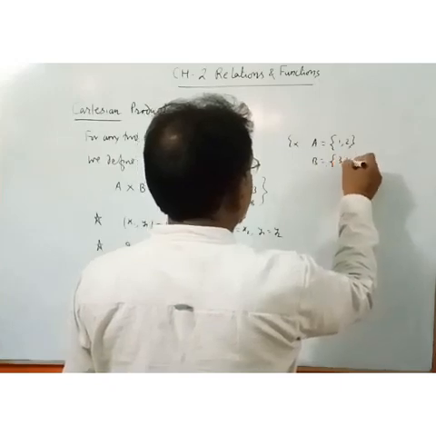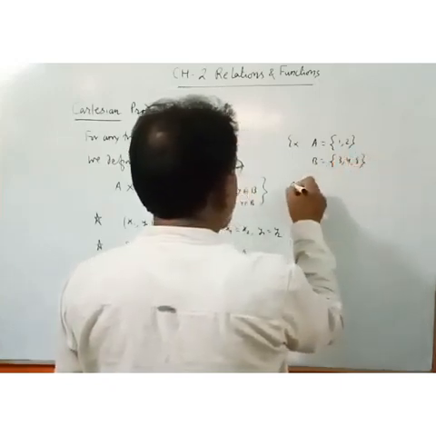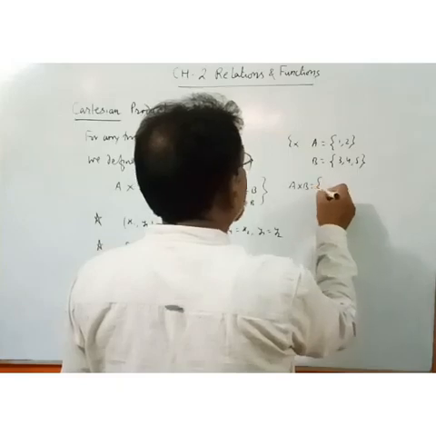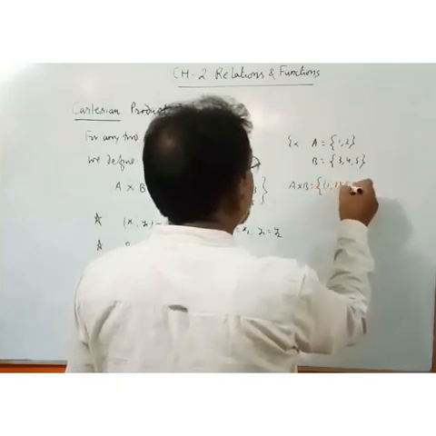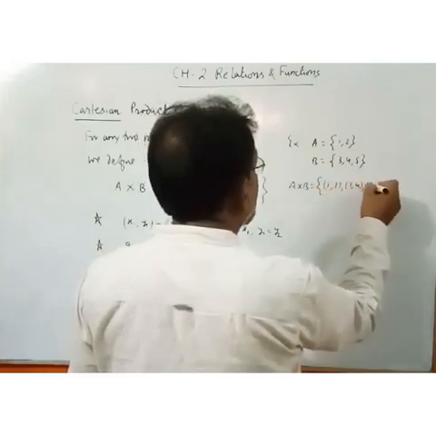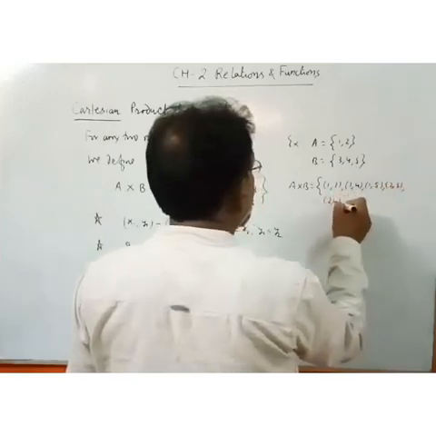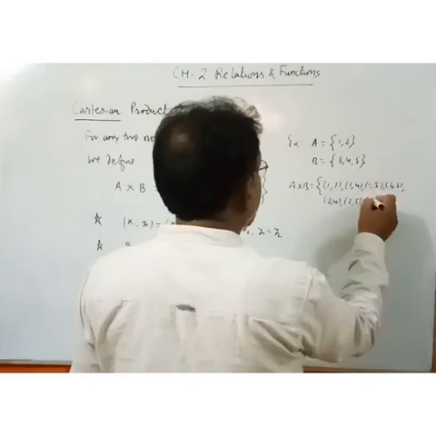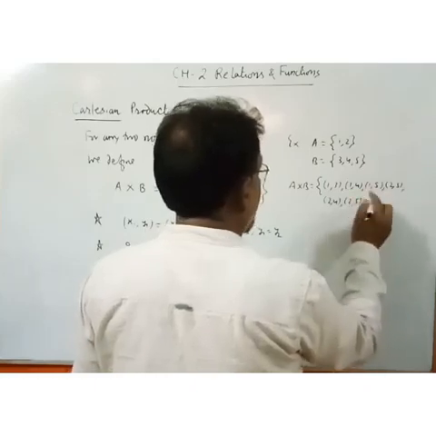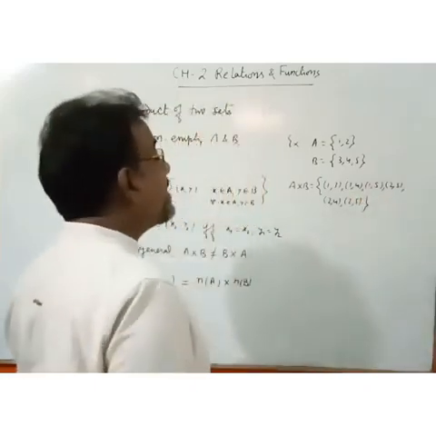Suppose A is equal to the set {1, 2} and B is the set {3, 4, 5}. Then A cross B will be equal to {(1, 3), (1, 4), (1, 5), (2, 3), (2, 4), (2, 5)}.